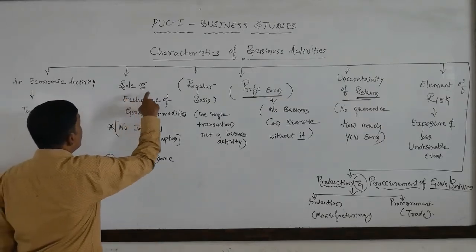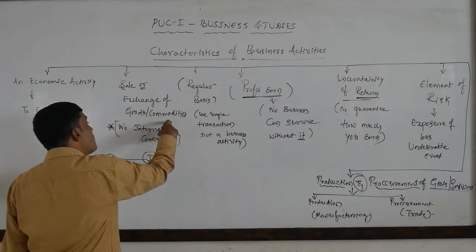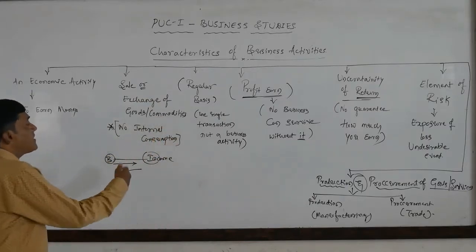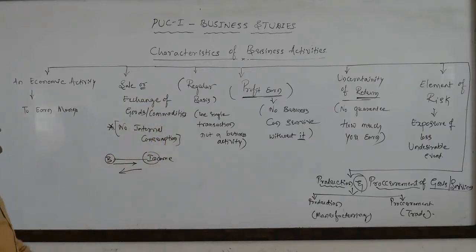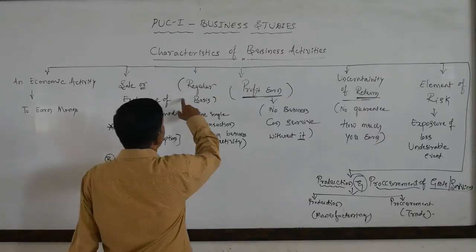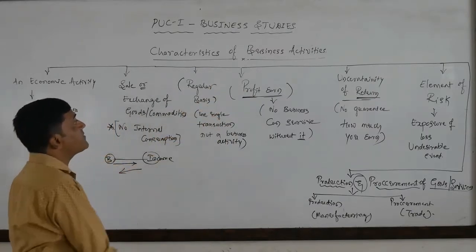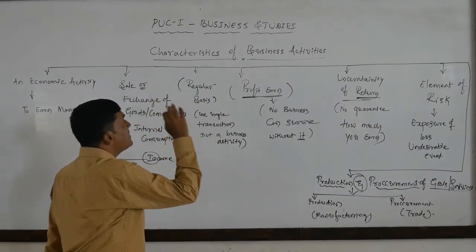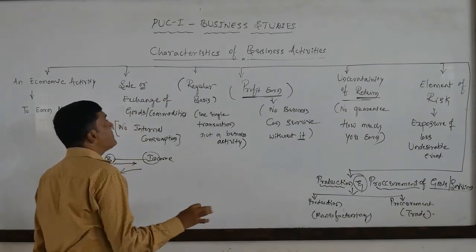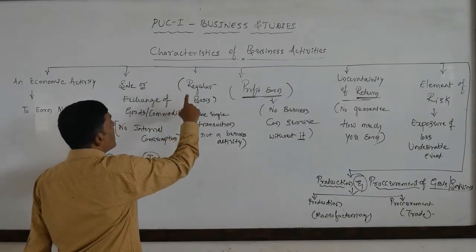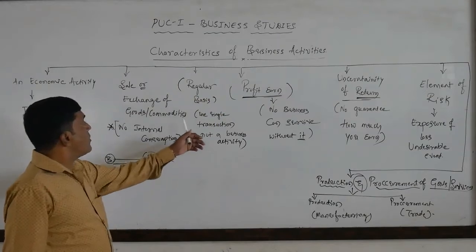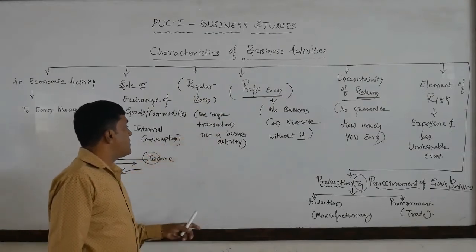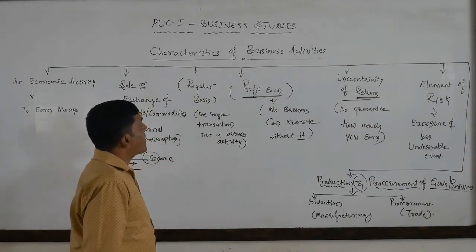So it is the sale or exchange of goods or commodities. No internal consumption is called business activity. One more, that is regular basis. Whenever you say a transaction is a business activity, it should be on a very regular basis. One single transaction is not a business activity.